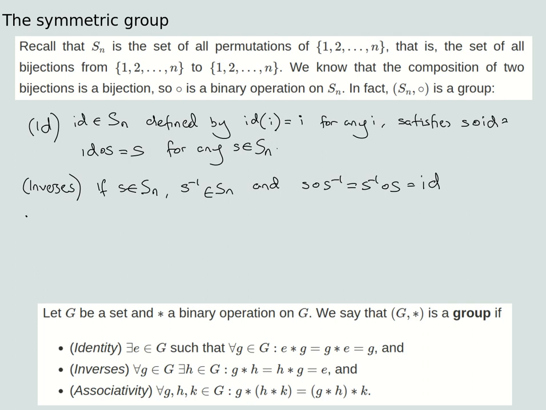So finally, associativity. Well, function composition is always associative. Again, we verified this in the first part of the course. Therefore, in this particular case, function composition is associative, and so our binary operation is associative.